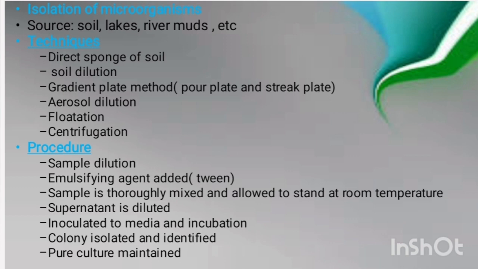Many different microorganisms can be isolated by using specialized enrichment culture technique. The enrichment culture techniques are designed for selective multiplication of only some of the microorganisms present in a sample.